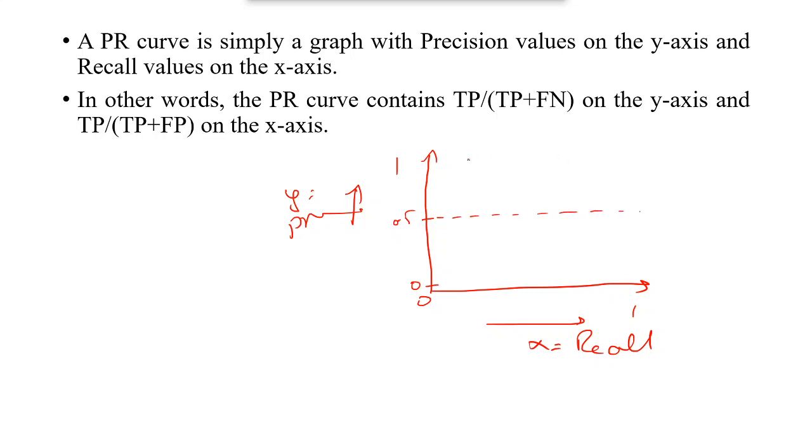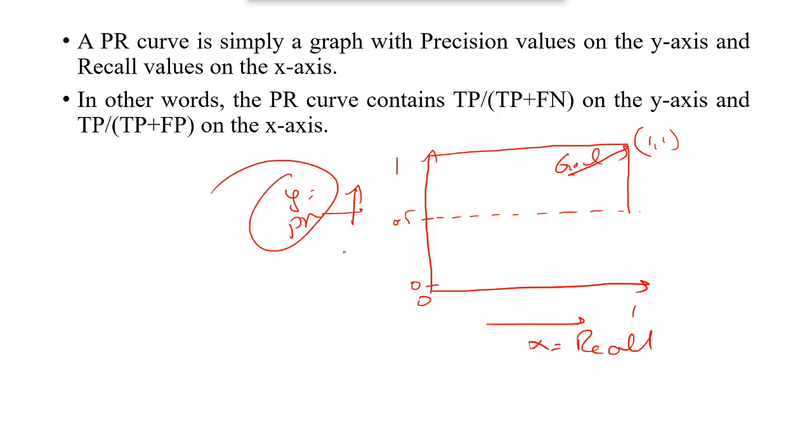The PR curve, nothing but the precision recall curve, is simply a graph with the precision values on the y-axis and the recall on the x-axis.